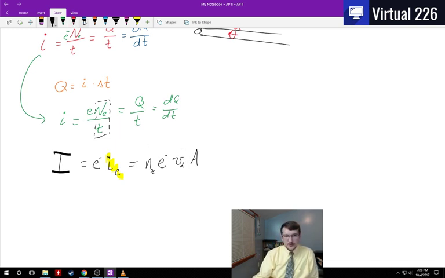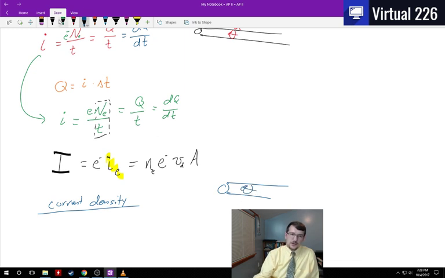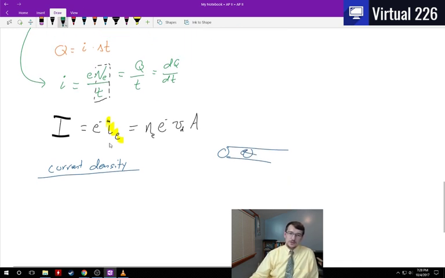Now, if I don't just want a current, if I want a current density, like how much current do I have passing through some cross-sectional area at once, well, I have a current. If I need it per area, there's my area.